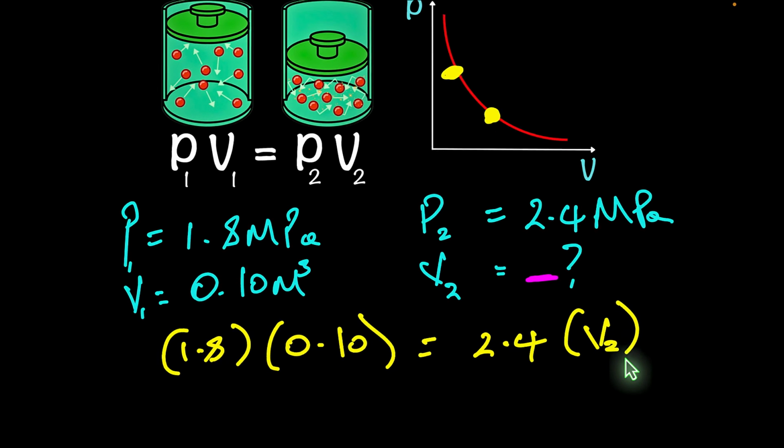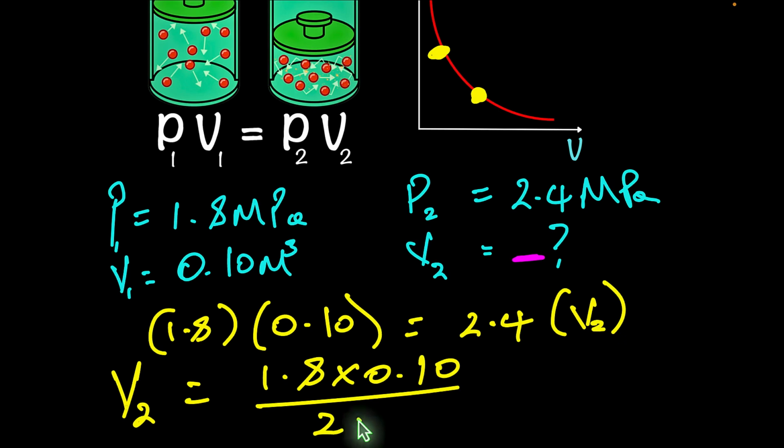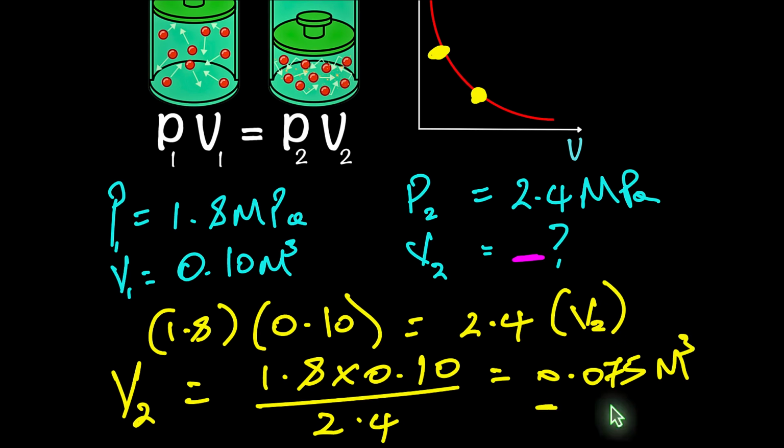So of course we just need to divide our total here on the left by 2.4, and when we do that, 1.8 times 0.1 and divide by 2.4, then we expect that the volume would be decreasing. So hopefully you've figured that out. 0.075 cubic meters is our final volume, which is in line with our expectations, as this volume is smaller than what we started off with.